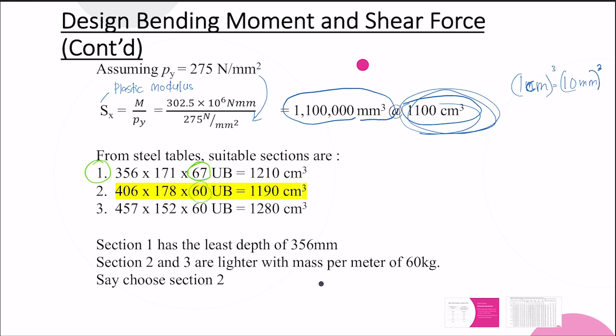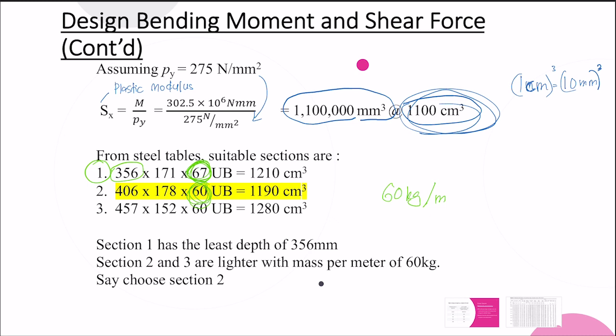Okay, means that 60 here is referring to the mass per meter, meaning that 60 kilogram for 1 meter. And this one for 1 meter is 67 kilogram. Okay, so section 2 and section 3 are lighter. Section 1 is much heavier. However, it is shorter, least depth. So it depends on what kind of design you want.